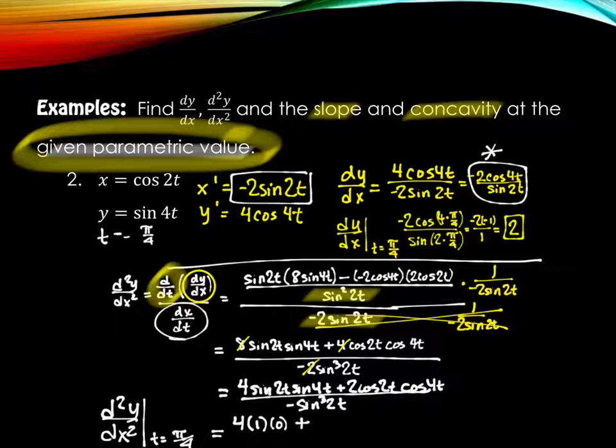And then I have plus a 2. So now I have cosine of pi over 2. That's 0. Cosine of pi would be negative 1, and then the product is 0.